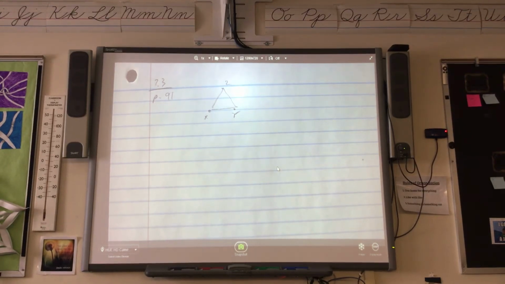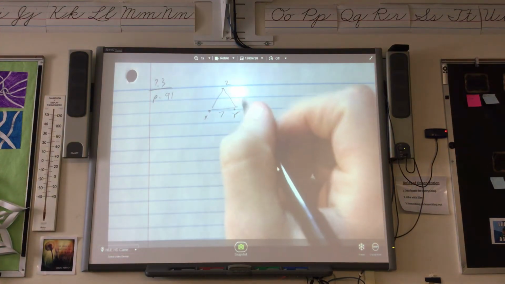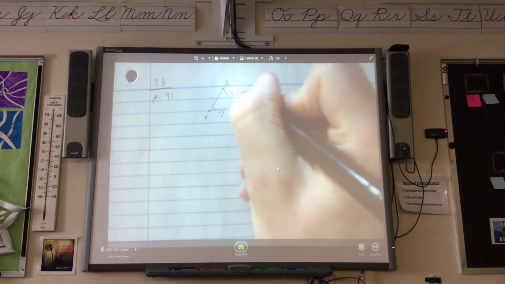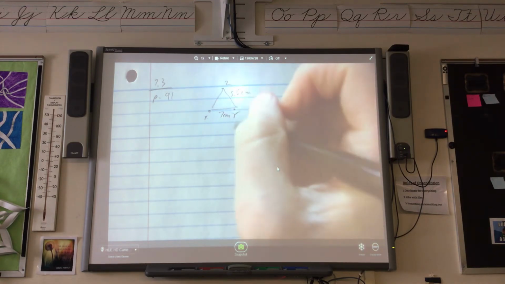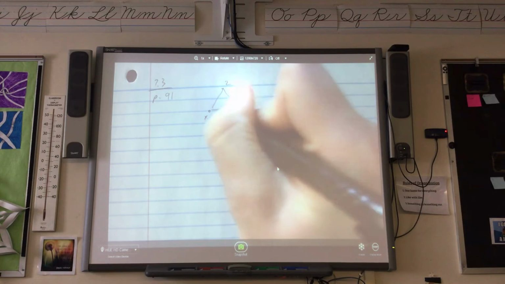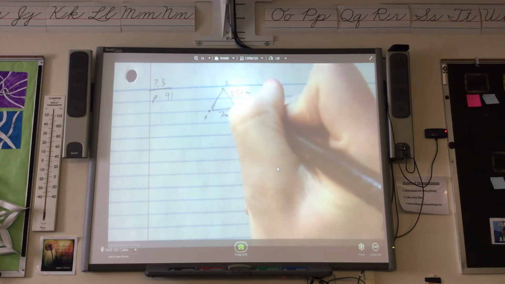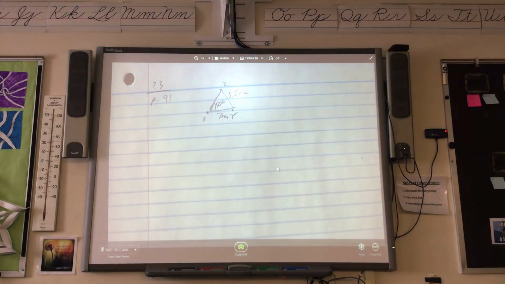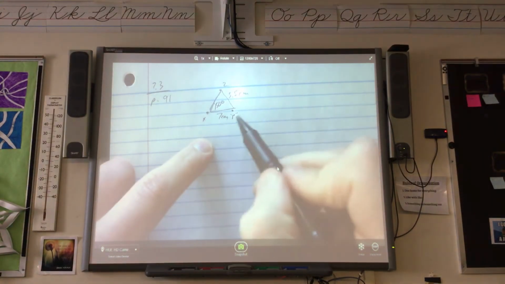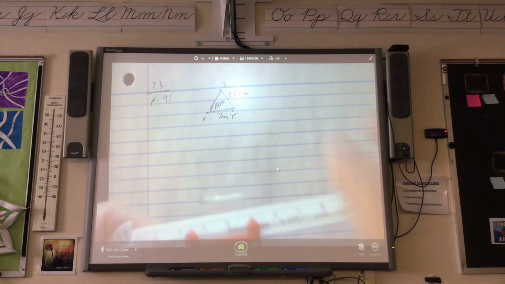I just write that down to give me a frame of reference. XY is 7, ZY is 5.5, and these are centimeters, by the way. And angle YXZ is 50 degrees. So I know this is going to be 7, this is going to be 5.5.